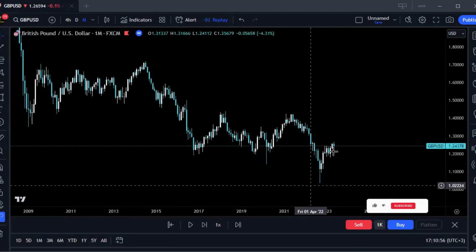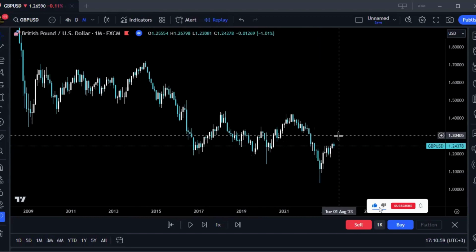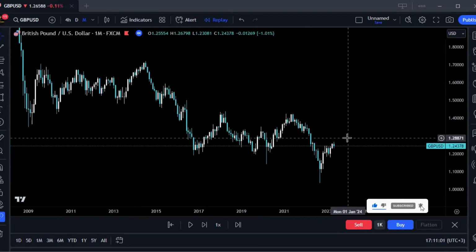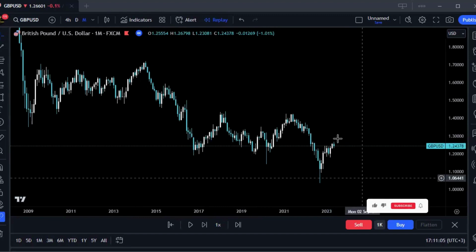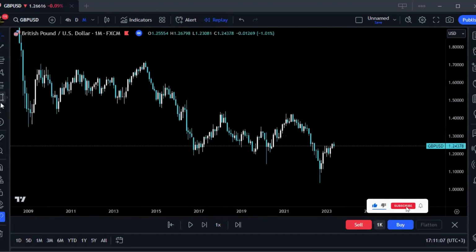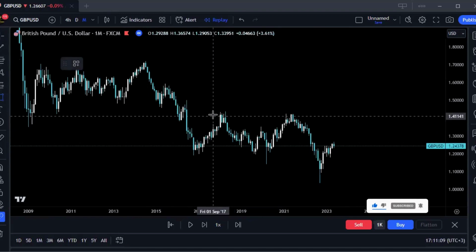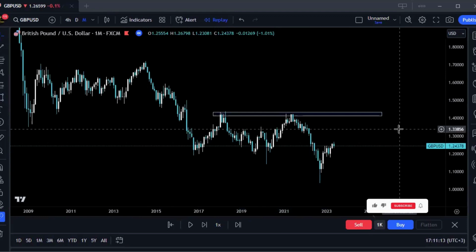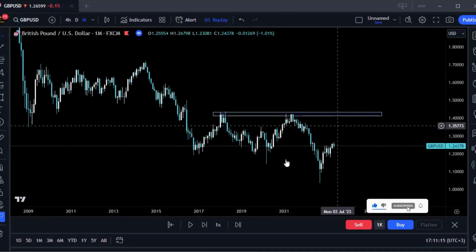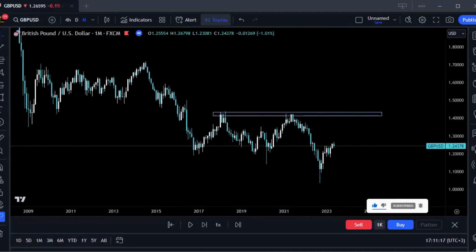Then after that, we are in this kind of a retracement move. So long-term bias, if you ask me, I'll say GBPUSD is still in a downtrend. I'll change my bias once prices break above this high. Then I'll be like, okay, the bearish trend has ended. But that's my long-term bias.